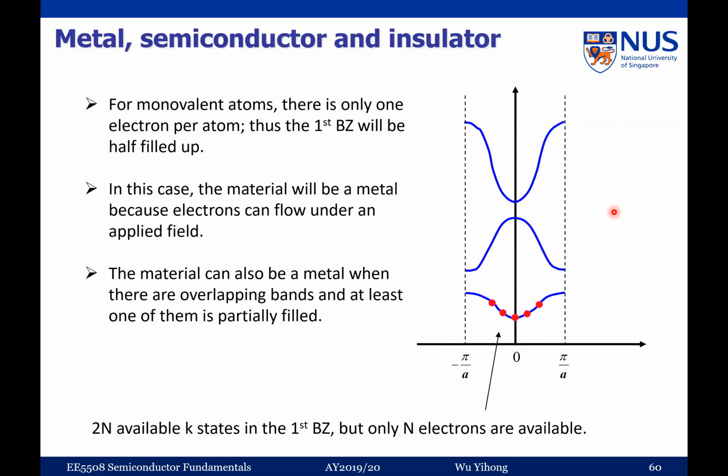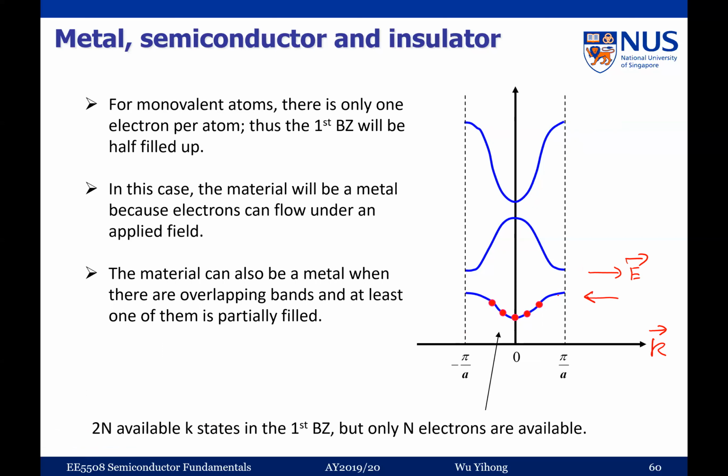So why is this the case? It is because when you apply an electric field to this material, suppose the electric field is in this direction, and remember this is your k, then of course the electron will move in the opposite direction.